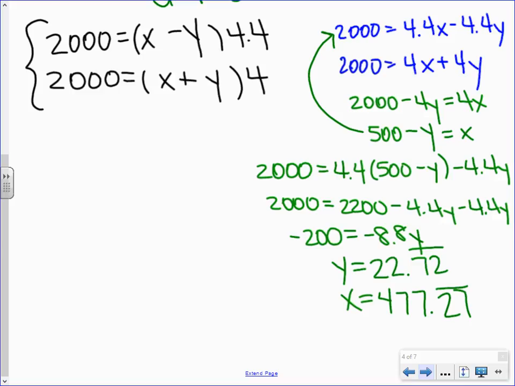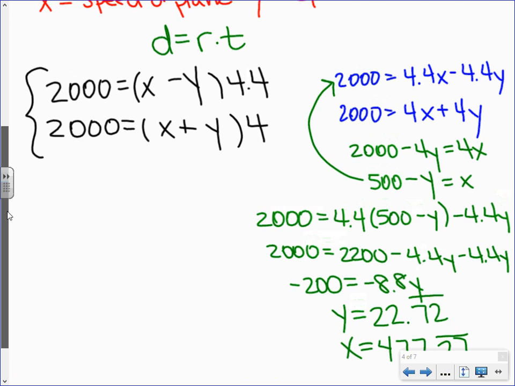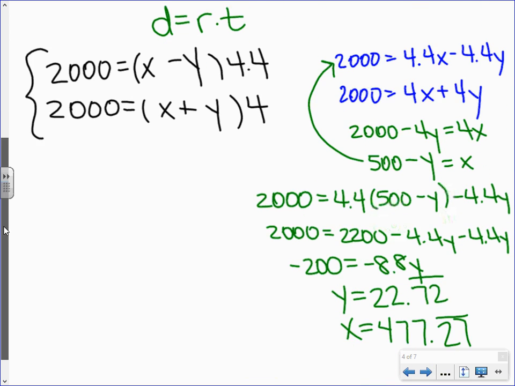Now, would I be happy with this as your answer? No. I'd be happy that you did the algebra correct, but I would not be happy with how you wrote your answer. I need you to tell me what X stood for. Oh, look, we labeled it: speed of the plane.